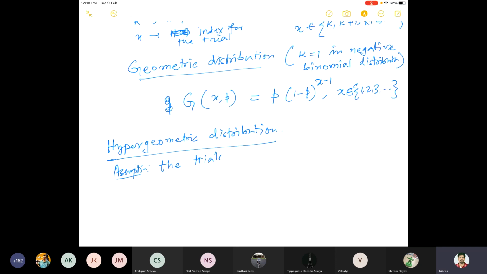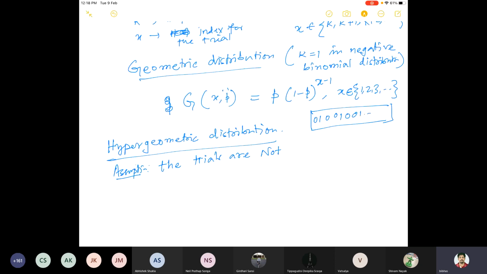Sir, in the geometric distribution, G(x) equal to the success at the x position, right? So if p here is the probability of success, yes, the first success is at the x position. If you remember the picture which I had drawn yesterday, it is like 1 0 0, or maybe 0 1 1 0, and so on.